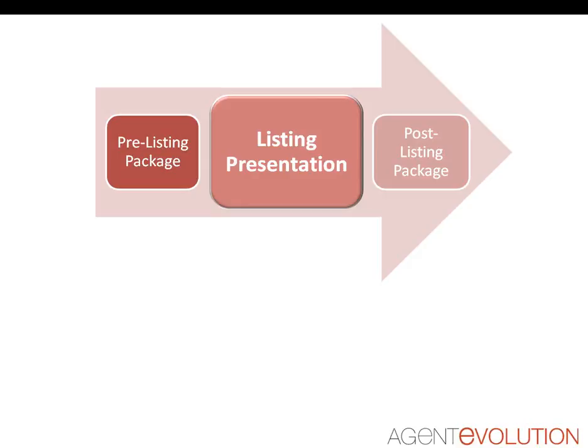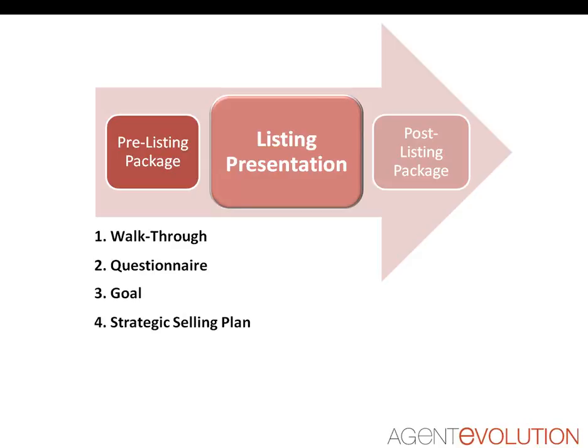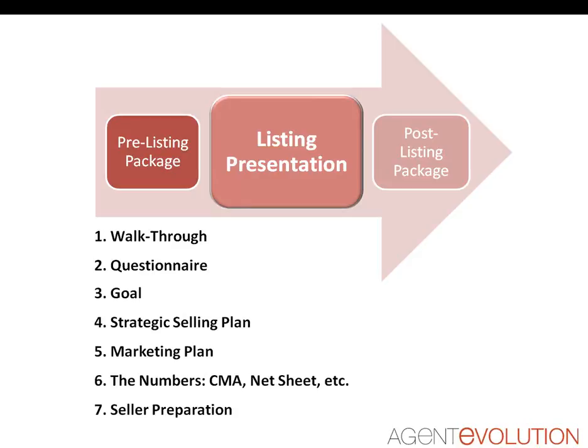So let's take a look at the major components of a listing presentation. We have the walkthrough, the questionnaire that we sent and we're now going to address, your goal, strategic selling plan, a marketing plan, the numbers, of course, and seller preparation.